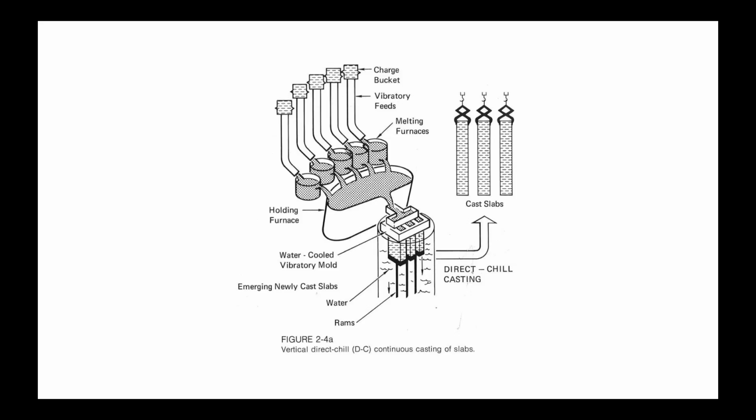The slabs come out into a pit, which is water-filled and has an elevator in it, which goes downward as you cast. The furnaces that usually feed this type of operation are very, very large. They're not necessarily electric arc furnaces. They can be. Many of them are reverberatory furnaces of 100,000 pounds or more if you're feeding this type of material.